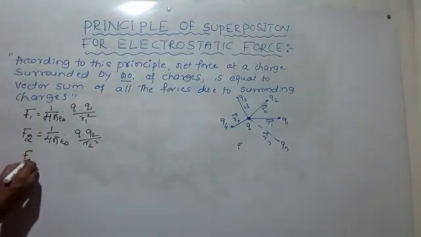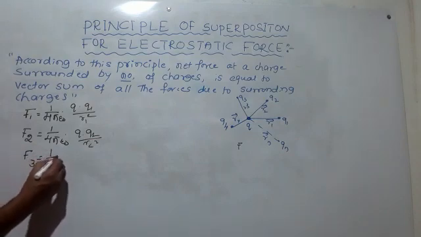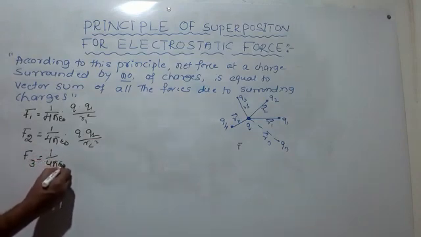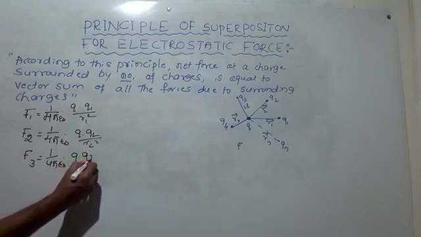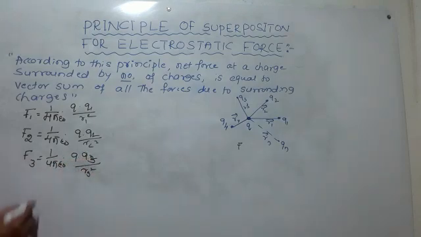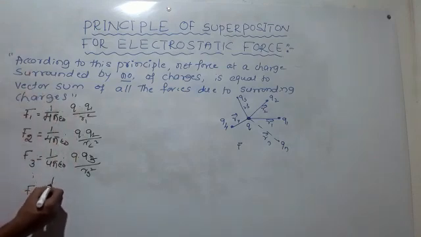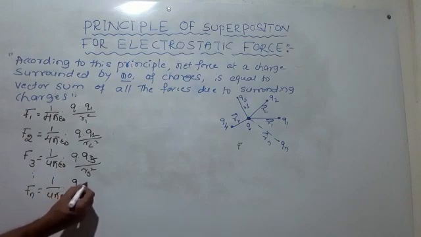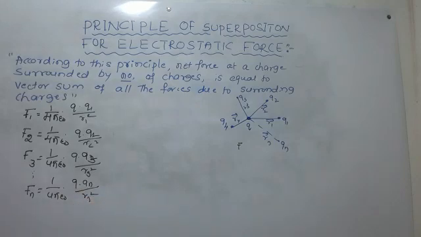Similarly, by Q3, I'll take that as F3, which is equal to 1 divided by 4 pi epsilon naught, Q Q3 divided by R3 square. Like that, for the last charge, the force due to Qn on Q, that is Fn, is equal to 1 divided by 4 pi epsilon naught, Q Qn divided by Rn square.